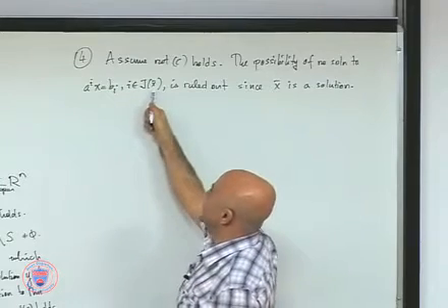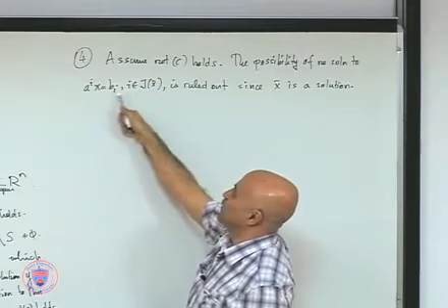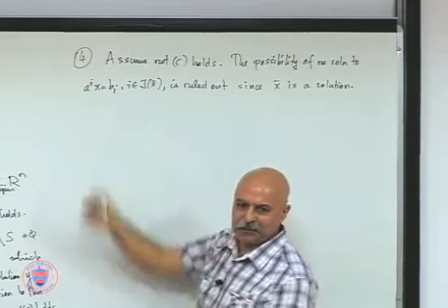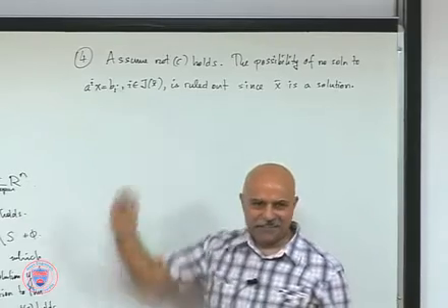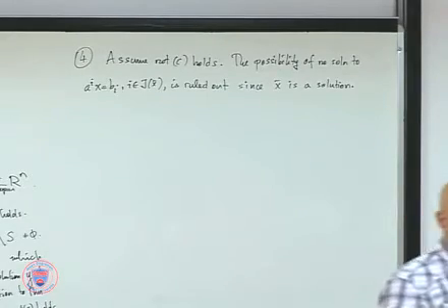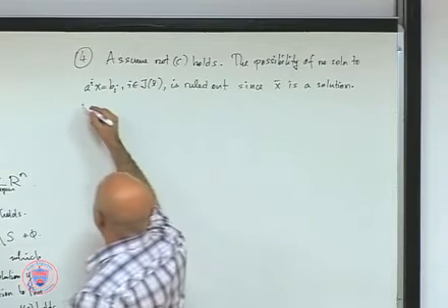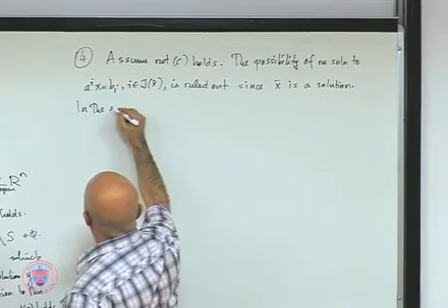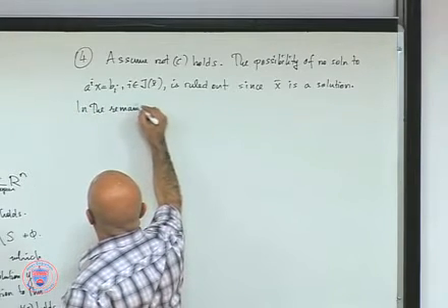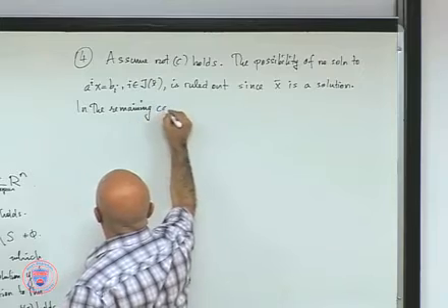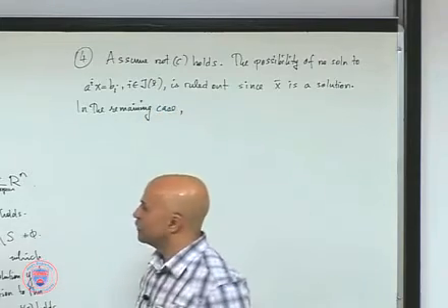Because at X bar, all these constraints are active, so X bar satisfies them. AI X bar equals BI for all such constraints. In the remaining case, you've got multiple solutions.